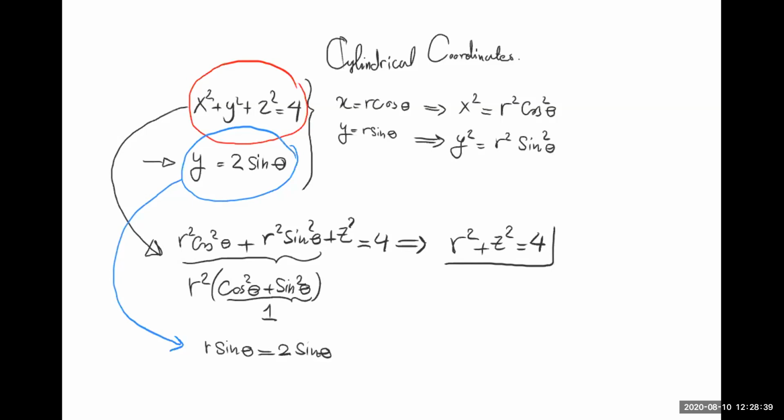Instead of y, I just write r sine theta. So r sine theta equals 2 sine theta. It means r is equal to 2. If it's correct for any theta, it means r is equal to 2. Okay. That's the bound, right? This is the bound of the region, not the inside of the region.